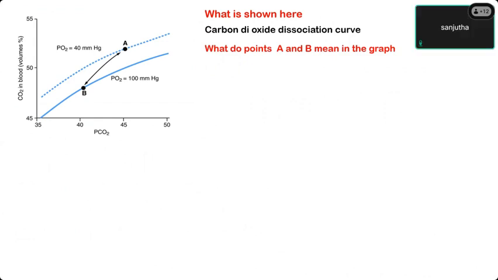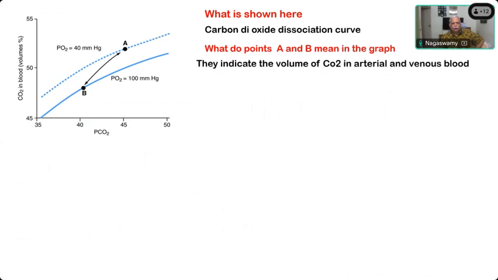Point A is venous PCO2 and point B is arterial PCO2. They indicate the volume of carbon dioxide in arterial and venous vessels. How much carbon dioxide is there in these particular points?